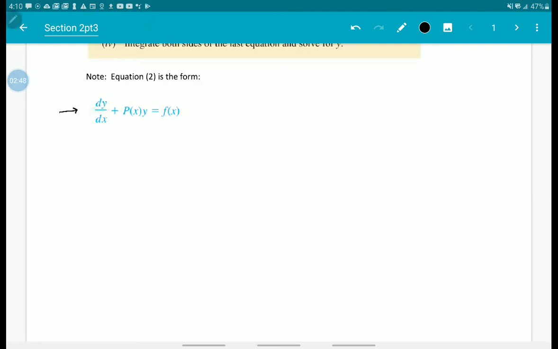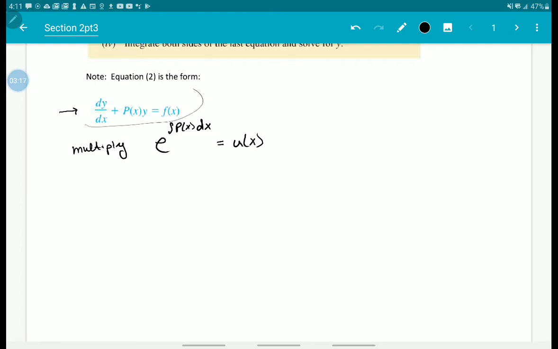So there's our standard form. What we really want to do is multiply by something clever. And if we were to multiply everything by e to the integral of p of x dx, and I'm just going to call this function u of x so I can reference it later, or we could just call it u for short.